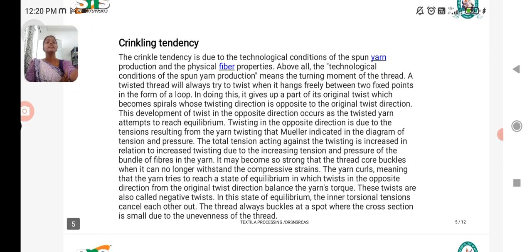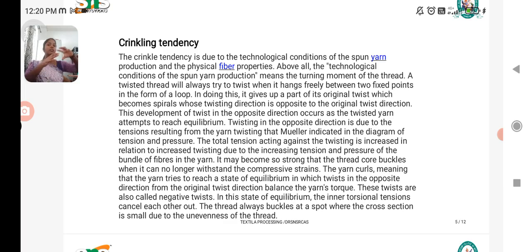Okay, then crinkling tendency. The crinkle tendency is due to the technological conditions of the spun yarn production and the physical fiber properties. The technological conditions of the spun yarn production mean the turning movement of the thread.